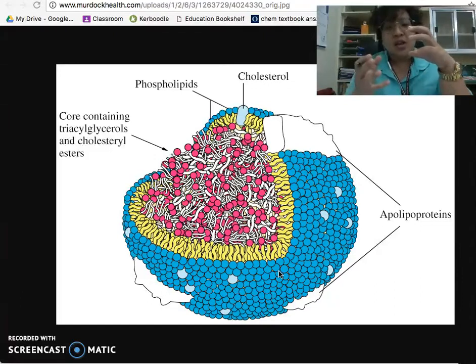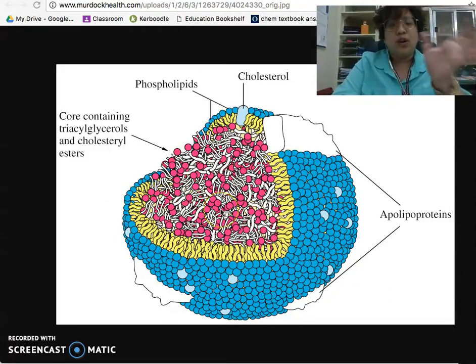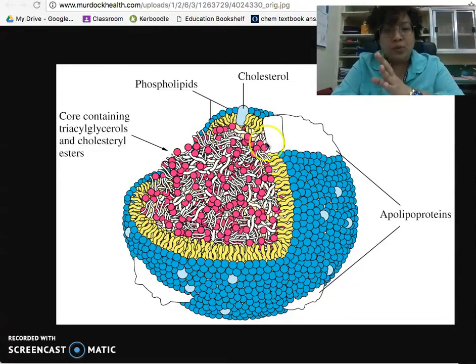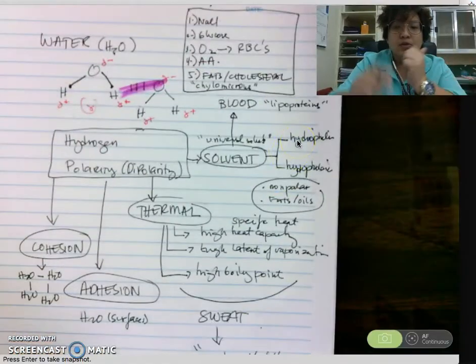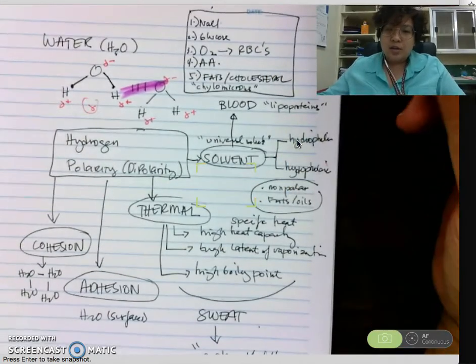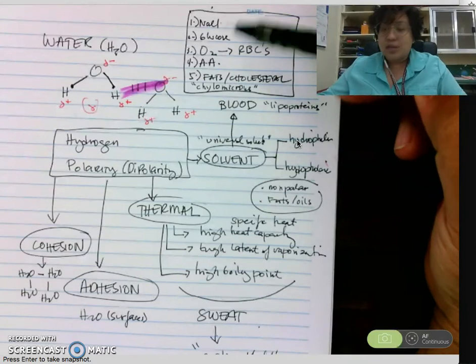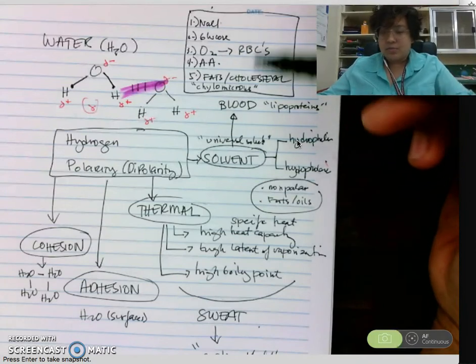And if it reaches areas or cells that need these lipid molecules, then it will be deposited in, for example, your adipose tissues. So before it reaches your adipose tissues, it will be packed as a lipoprotein and then circulated in the blood. So let's go back to our concept map. So these are the different nutrients that is transported, dissolved in blood, which is basically water.